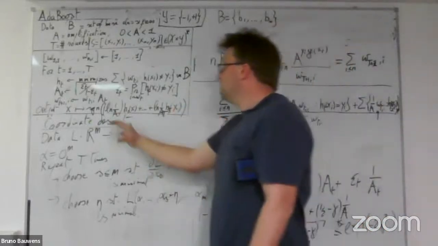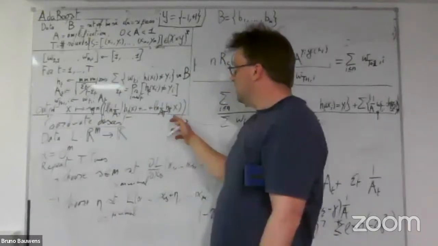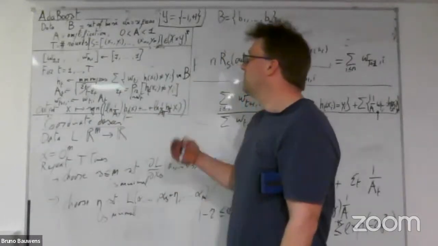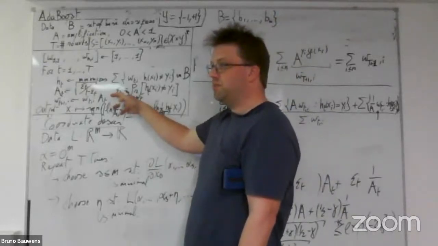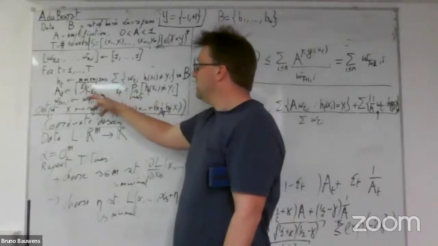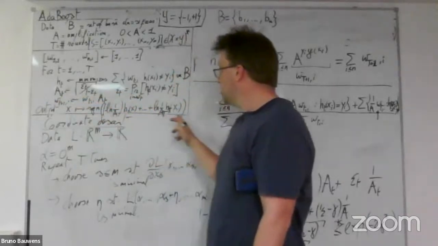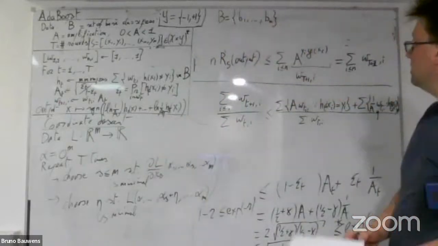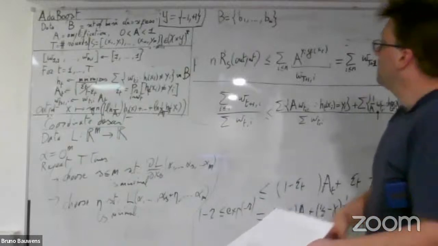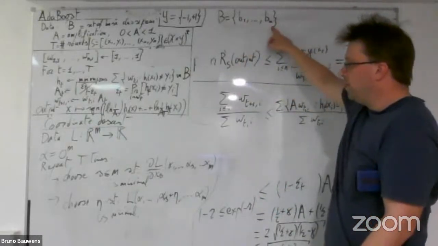By the way, we can assume that all coefficients are positive because, assuming AdaBoost works normally, we will have epsilon strictly smaller than 1/2. That means that alpha is smaller than 1, and all these coefficients are positive. But okay, we don't need it, just a small remark. So we will have B equal to b1 till bn.